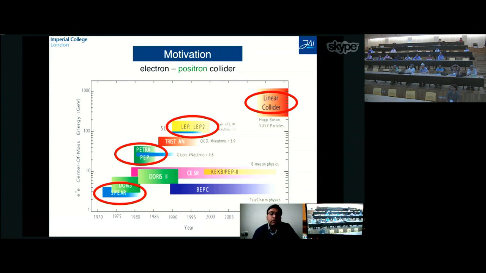The graph on the slide shows an evolution of electron-positron colliders based on their center of mass energy, and the years over which these have been explored. As you can see, the 1 TeV scale for a linear collider is required to address the challenges that I just mentioned.